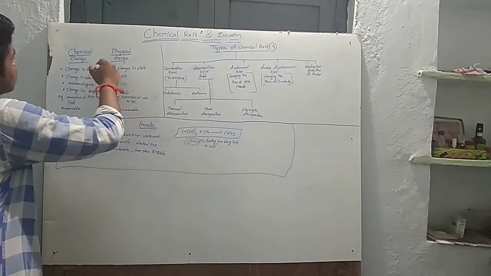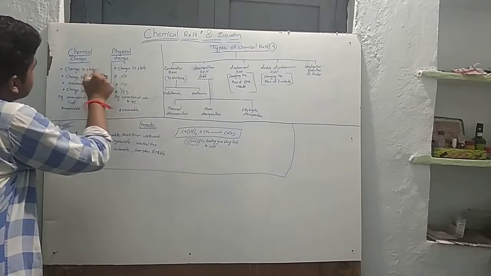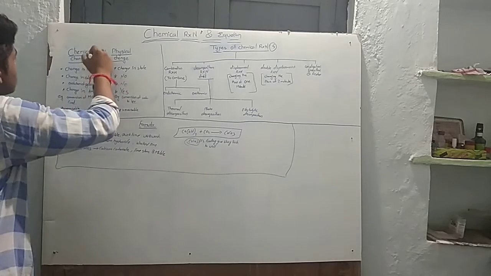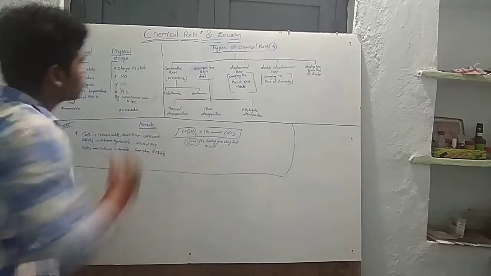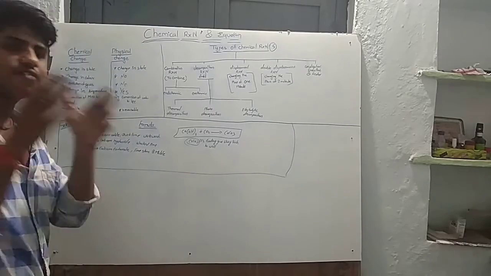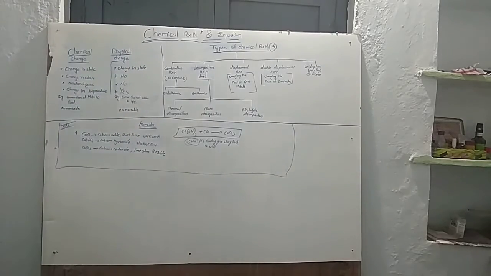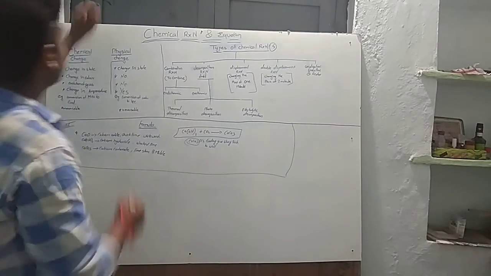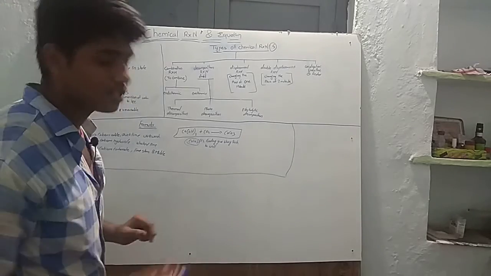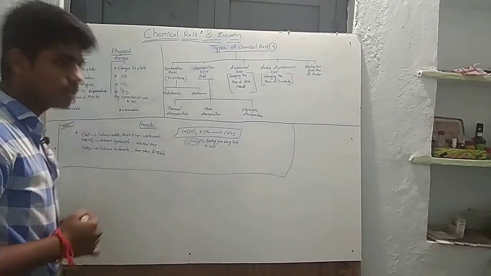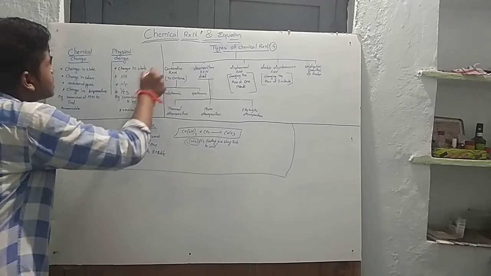So we see that change in state occurs in chemical change, and also in physical change. Why? When we are freezing water, the state is changing. Water is in liquid state and ice is in solid state.